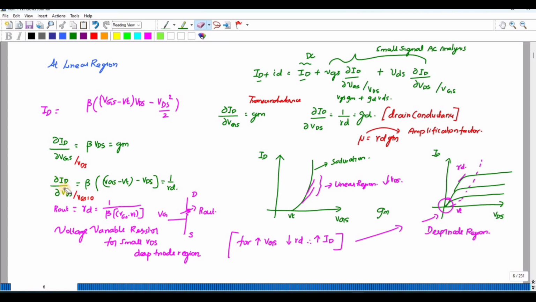So dou ID divided by dou VDS is nothing but 1 divided by RD. In the deep triode region, the VDS value is very small, so RD is equal to 1 divided by beta (VGS minus VT). So during the linear region, the MOSFET acts as a voltage variable resistor.